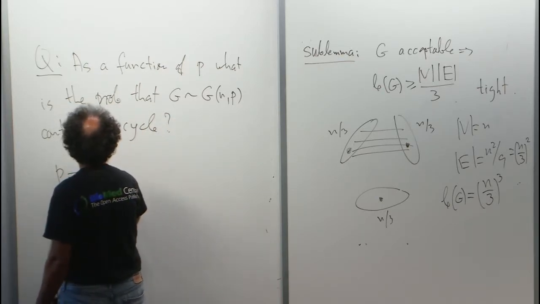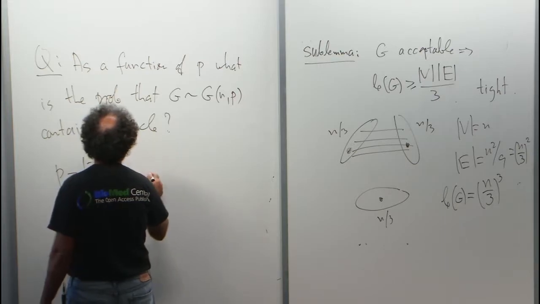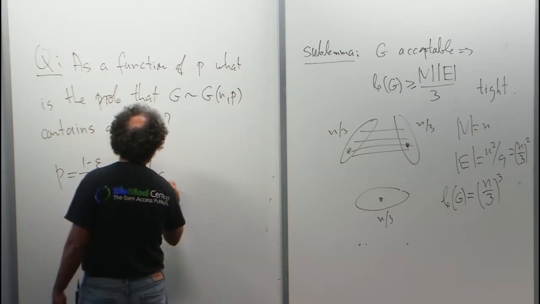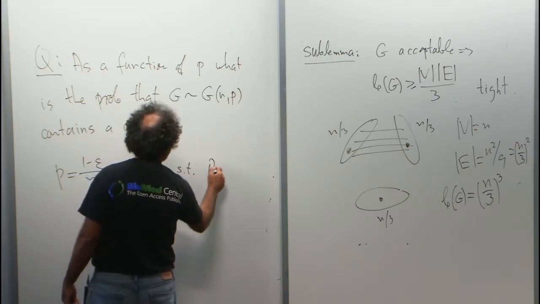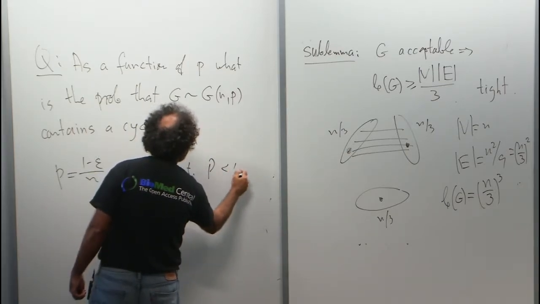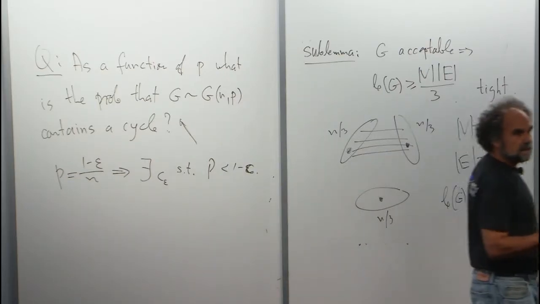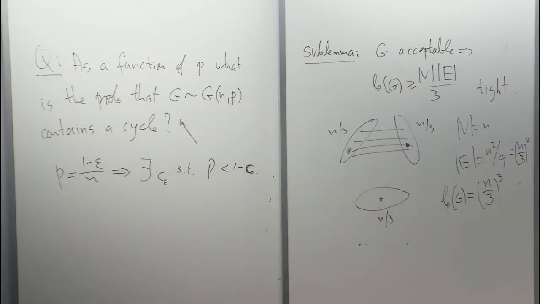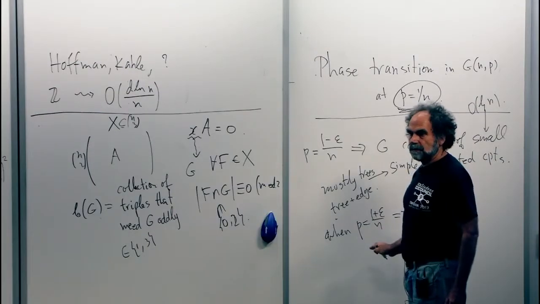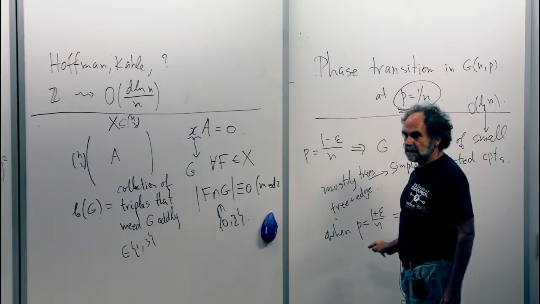If p is (1 minus epsilon) over n, then there exists a C of epsilon such that this probability is less than 1 minus C. There is still a positive chance that it's cycle free. But once you have passed this point, then almost surely the graph already contains a cycle.